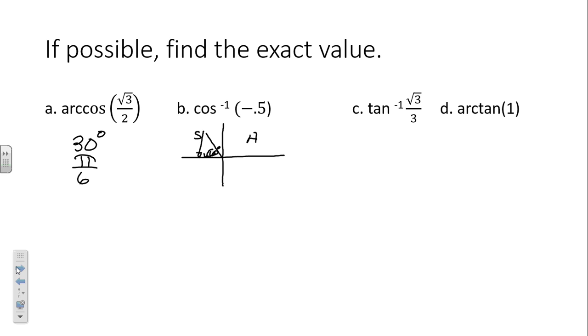What's a 60-degree angle in the second quadrant? 120. 180 minus 60 is 120. So this is a 120-degree angle. What is it in radians? 2 pi over 3.